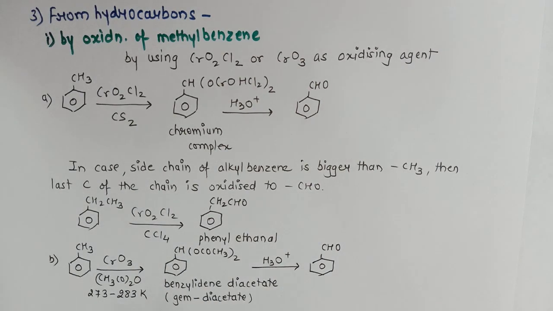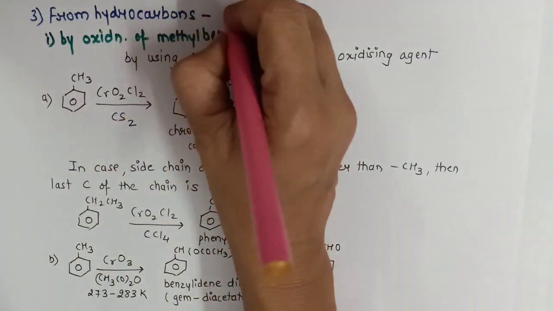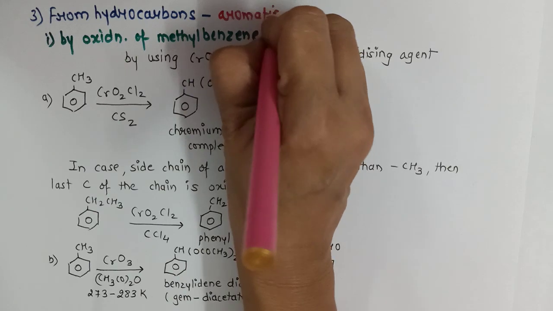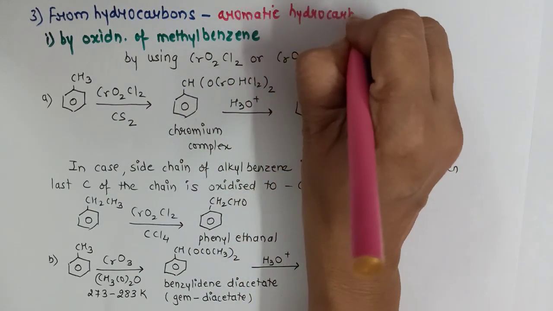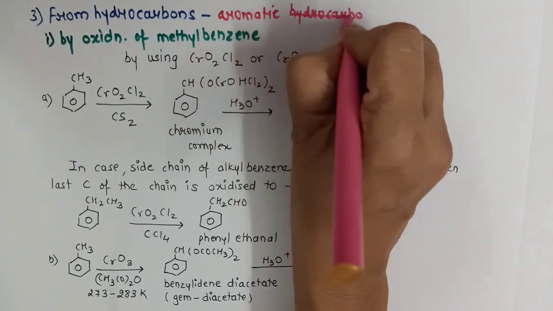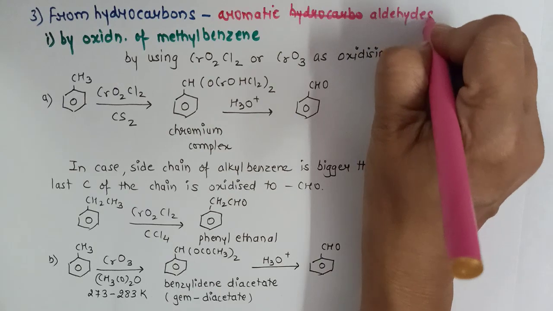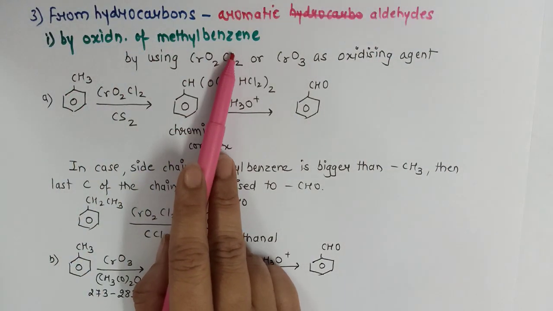The next method is from hydrocarbons, and this method is basically for aromatic aldehydes. We have to discuss three different methods in this. The first one is the oxidation of methyl benzene.